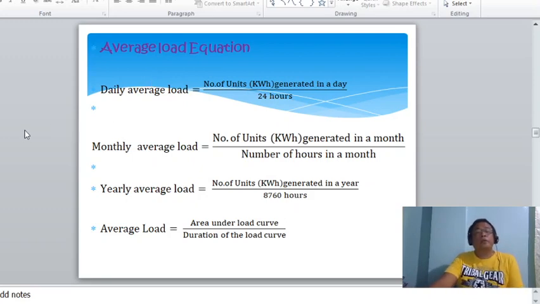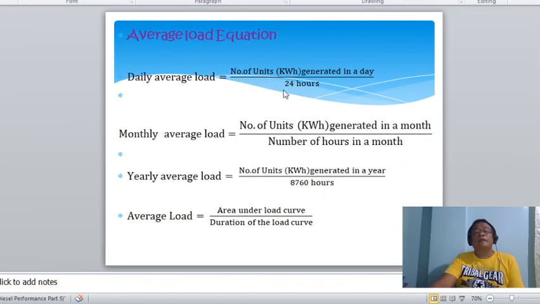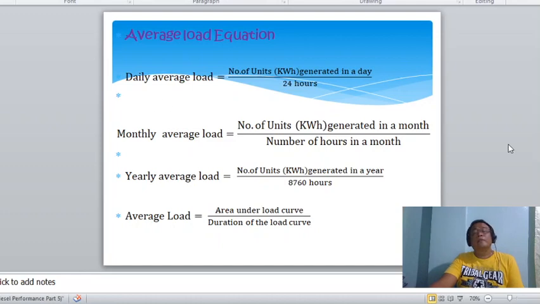For monthly average load, it is the energy generated in a month divided by the number of hours per month. For yearly average load, it is the energy generated in a year divided by the number of hours per year, which is 8,760 hours.